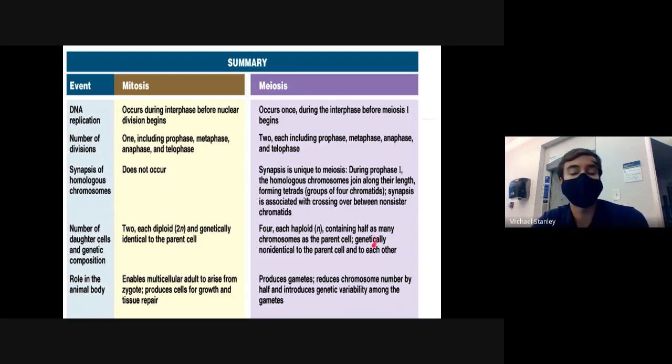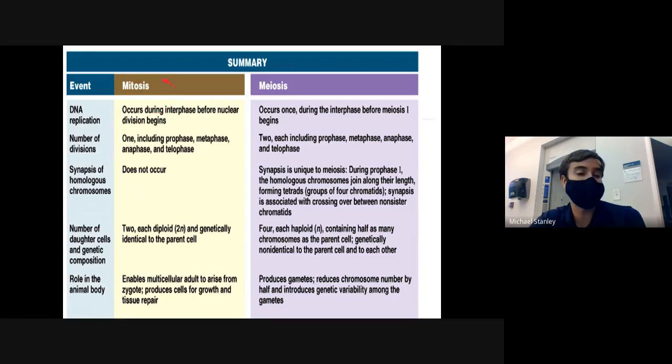And they are different from the parent cell, and they're different from each other. Thanks to crossing over and independent assortment, we end up with completely different daughter cells. So they're very different from the parent cell because they're not diploid anymore, they're haploid. But they are also different from each other. No 2 daughter cells look the same.